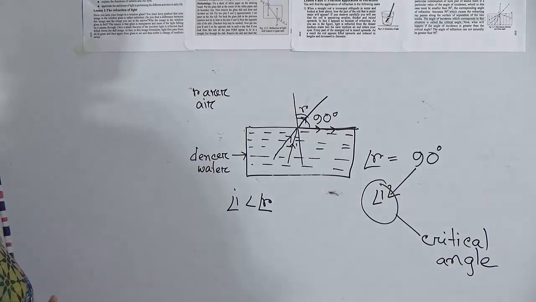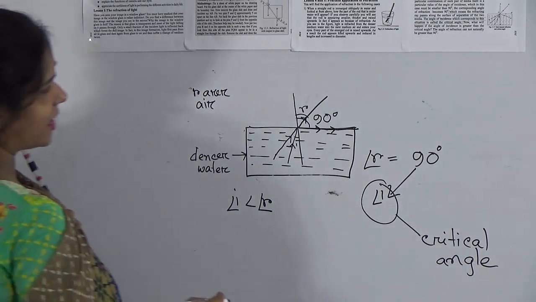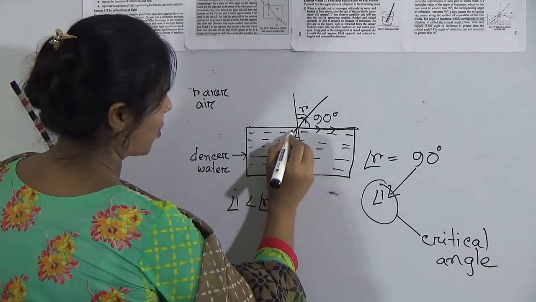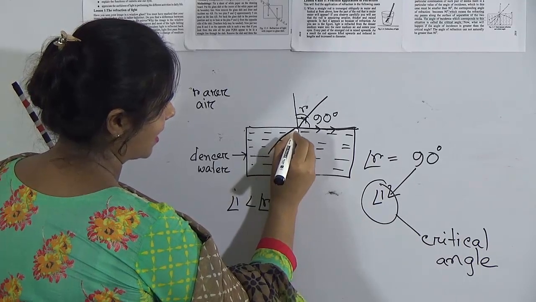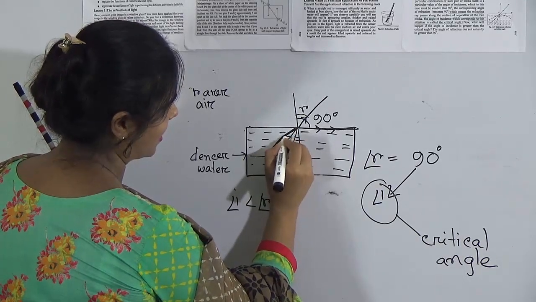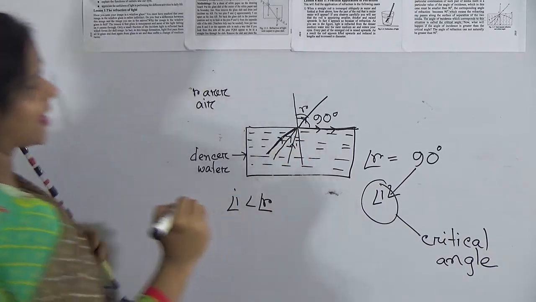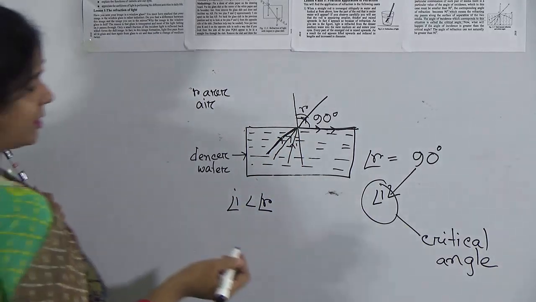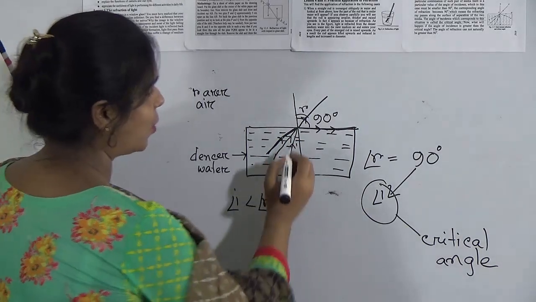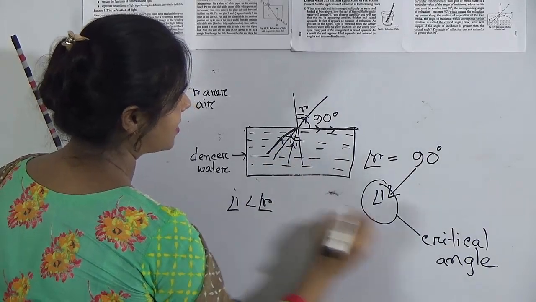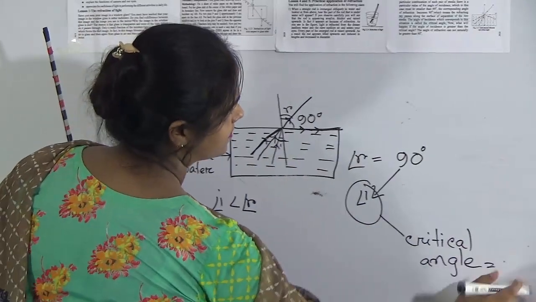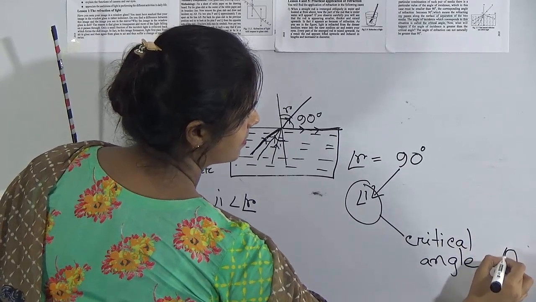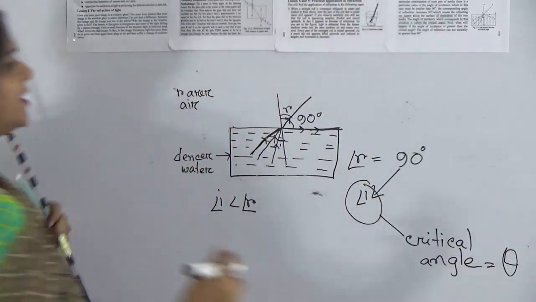Now come to the next point: if the incident angle is greater than the critical angle, what will happen? Critical angle is expressed by theta.